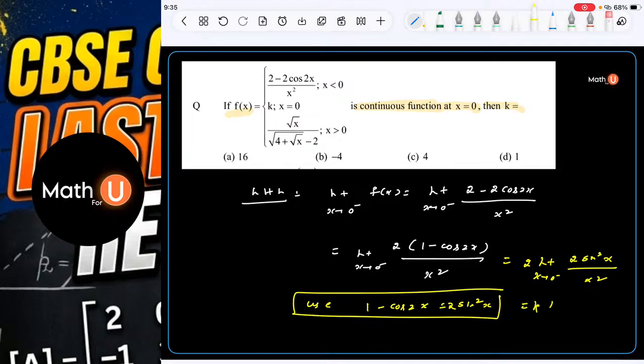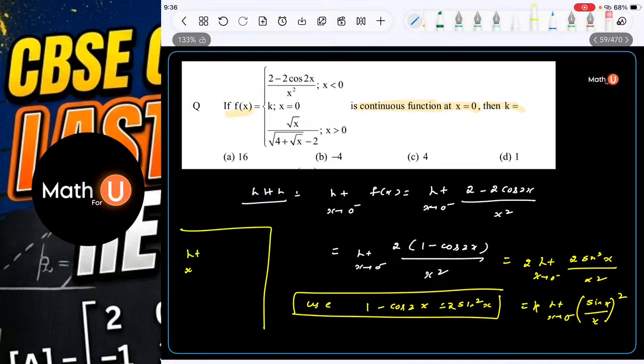Then limit x tends to 0, it can be written as sin x by x whole square. We know from the standard result that limit x tends to 0 of sin x by x equals 1. If you apply the limit, this value becomes 1, we get 4 into 1 square, nothing but 4. Then which option is correct? Option C is the only correct answer.